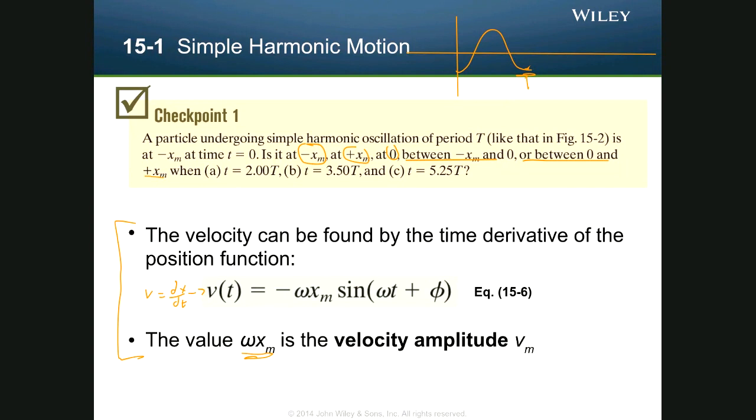Right, so 2T would be 2 times the period. This is T, I only drew one period for you. I drew the shape nicely, but I did not draw it symmetrically. I apologize for that.